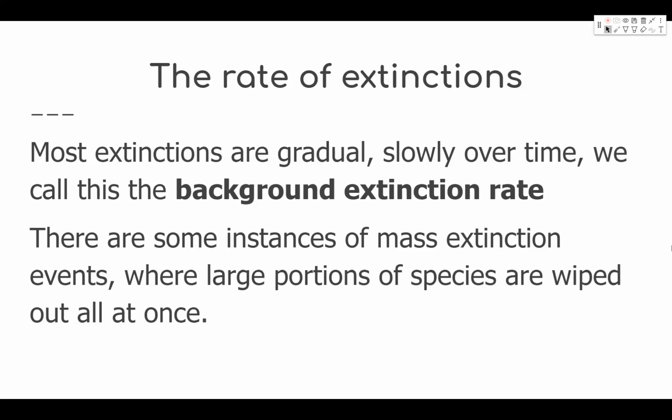In fact, a lot of scientists would argue that we are currently at the start of what could be another mass extinction event, with the amount of species currently on the endangered species list. But that's another story for another day. So, background extinction rates are the natural low level of extinctions that happen over time. And mass extinctions are when we get a bunch all at once.